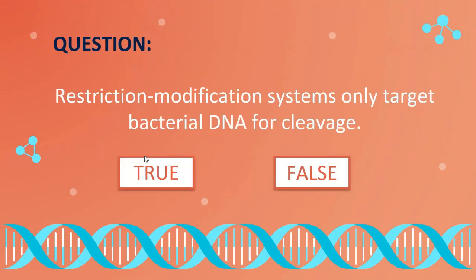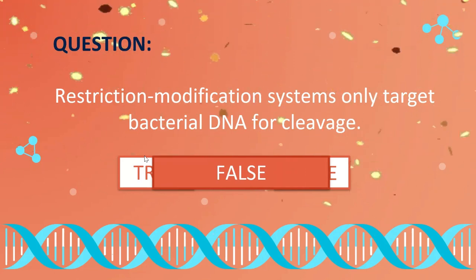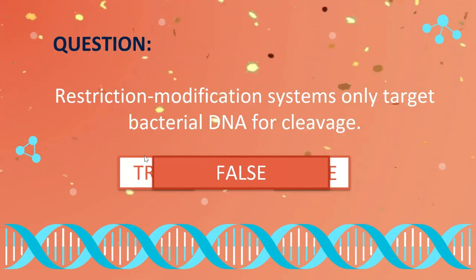So restriction modification systems only target bacterial DNA for cleavage. Take note, only targets bacterial DNA for cleavage. Is it true or false? The correct answer here is false. So mali po. So do you have any questions?